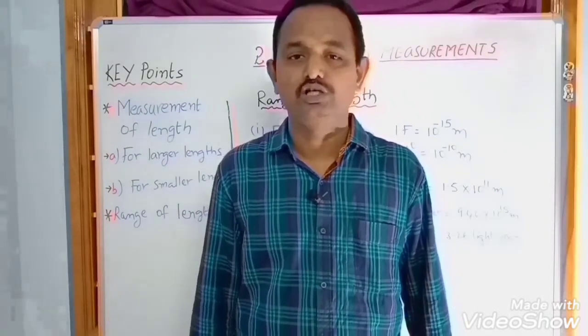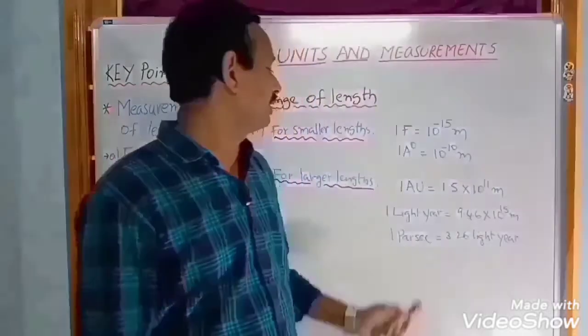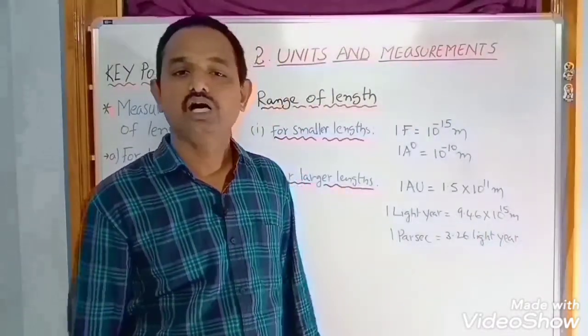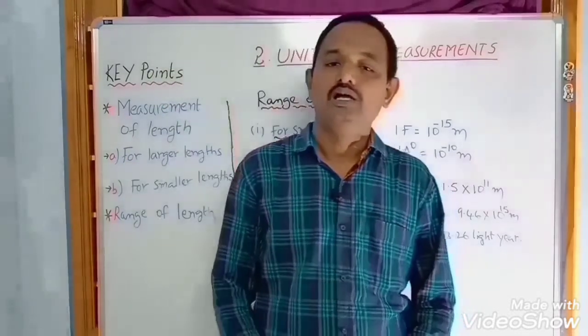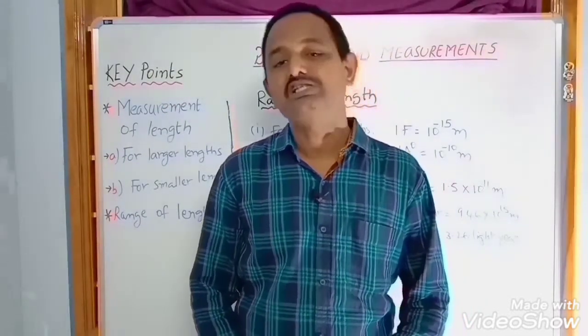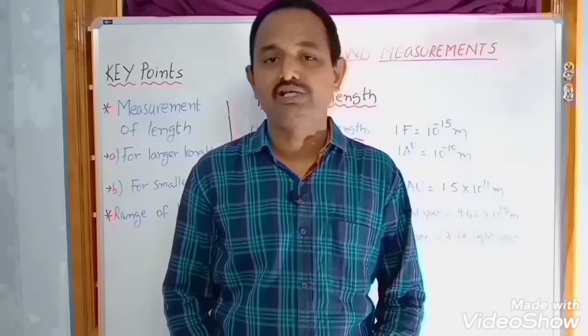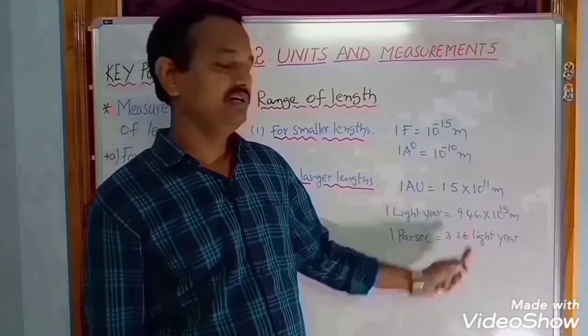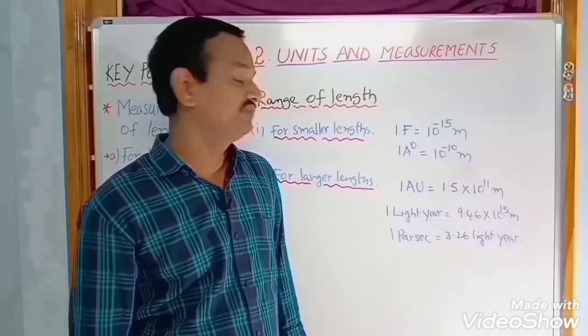One astronomical unit equals 1.5 into 10 power 11 meter. And what about light year? Light year means the distance travelled by light in 1 year. One light year equals 9.46 into 10 power 15 meter.